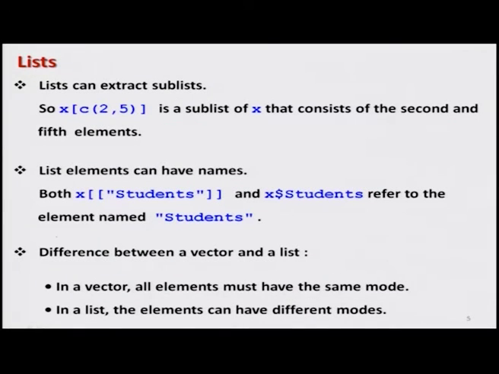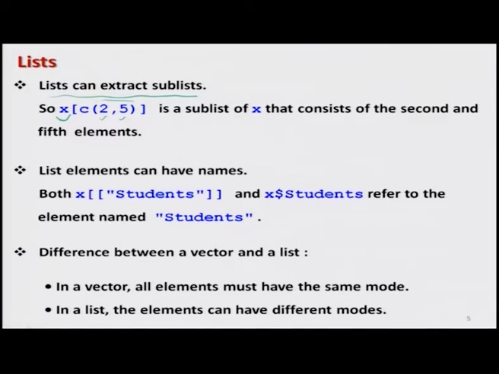Lists have another advantage, that a list can extract a sublist. That means a list can also extract a part of the list that we can call a sublist. Suppose there is a list given by the name x, and suppose I want to extract its second and fifth elements.